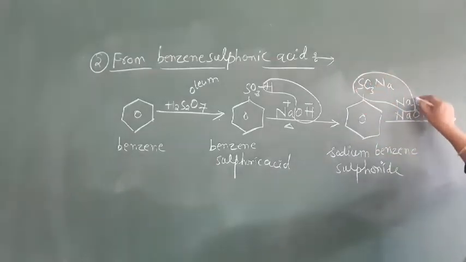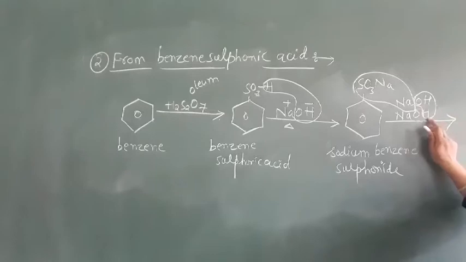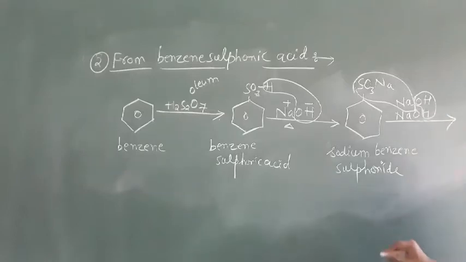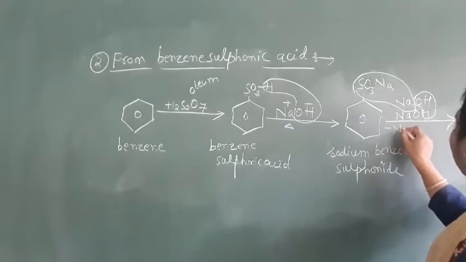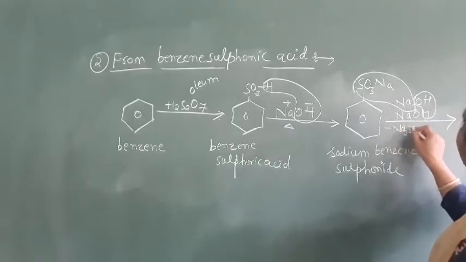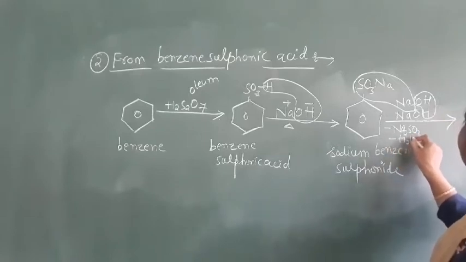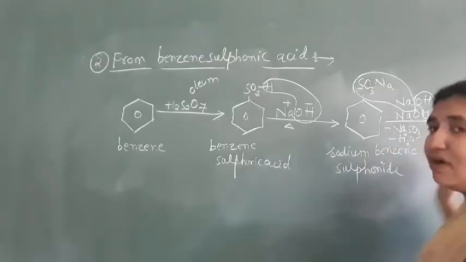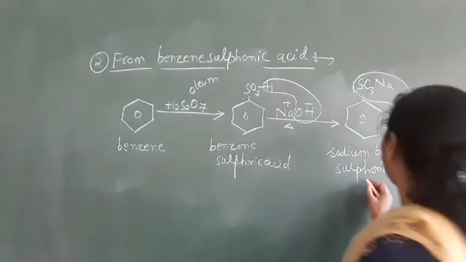Again there is H2O, H plus and OH. This OH and this H are removed: first minus Na2SO3, and again minus H2O. So we will get the product here. It is not visible, I think, so I'll write it down here.